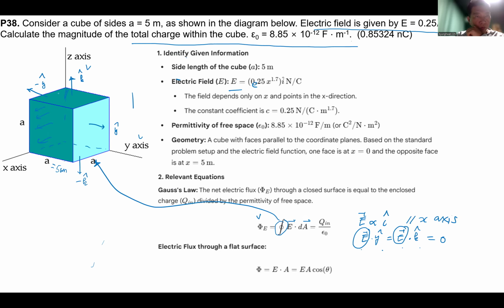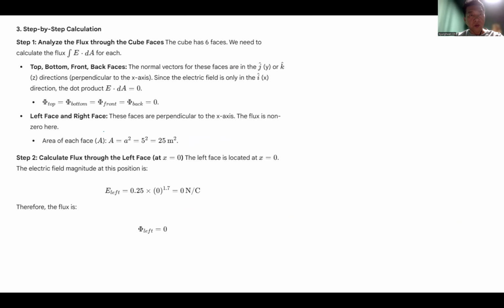So these 4 sides are always orthogonal to the electric field. So that's the thing. The only non-zero contribution will be this side and this side on the back. Okay. So once again, top, bottom, front, back are going to be 0 because they are orthogonal to the field.